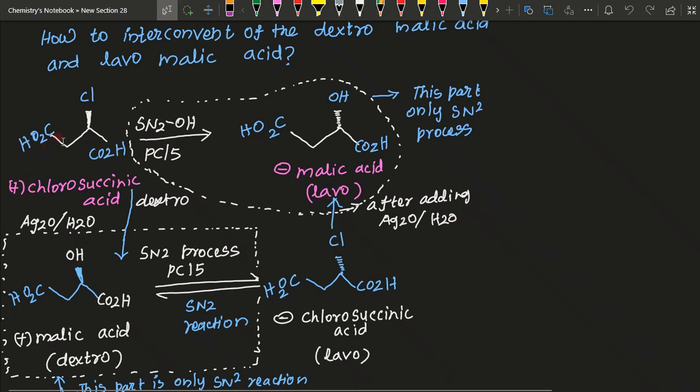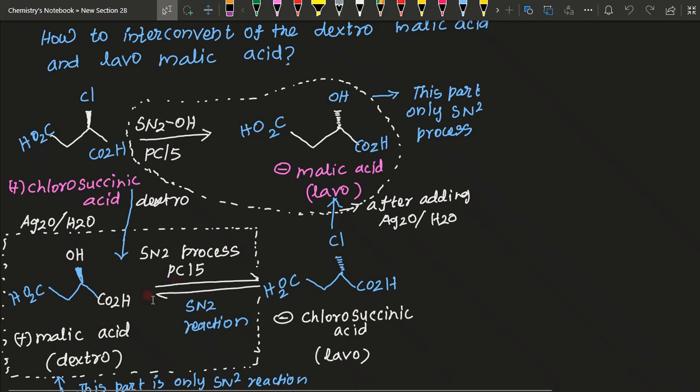This plus chlorosuccinic acid, when treated with Ag2O with H2O, gives plus malic acid, the dextro form.